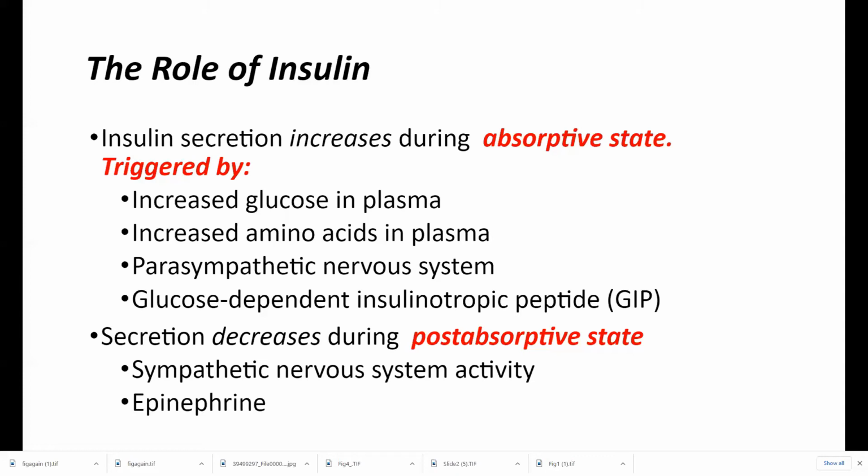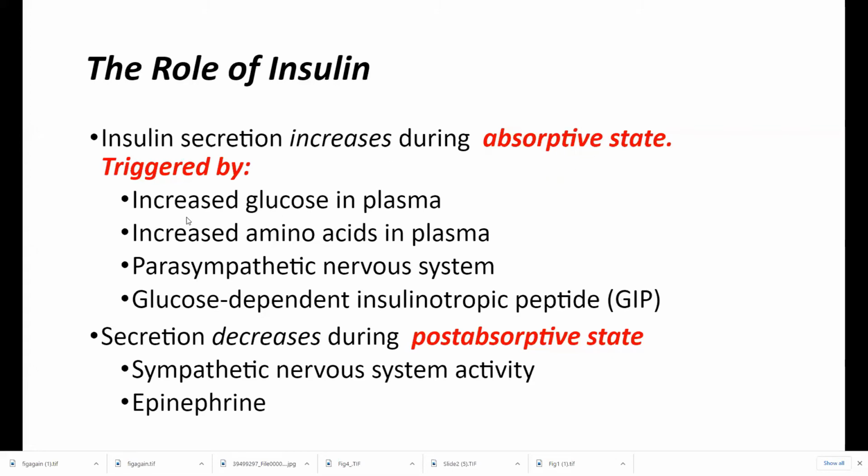So if we have lots of parasympathetic nerves active, it's going to tell us to secrete a bunch of insulin and go into the absorptive state. So absorptive, parasympathetic. There's also this hormone called glucose-dependent insulinotropic peptide, a long word, so we call it GIP. It's basically in the walls of your small intestines. It's produced by them as food moves through them. So that's going to work together with our insulin during the absorptive state.